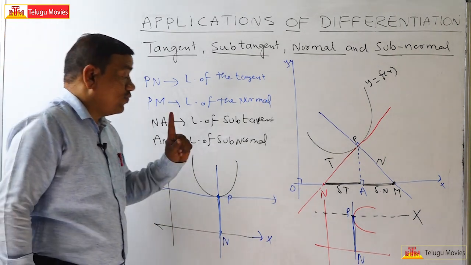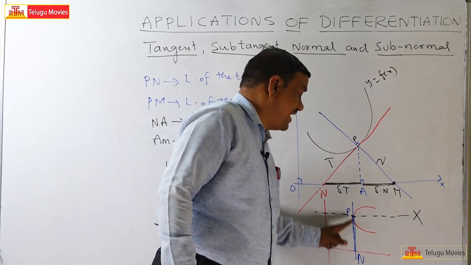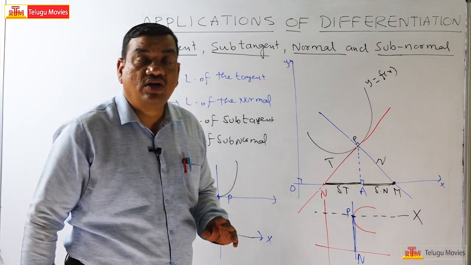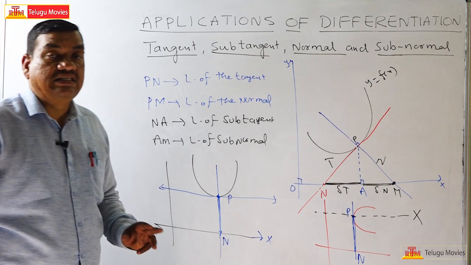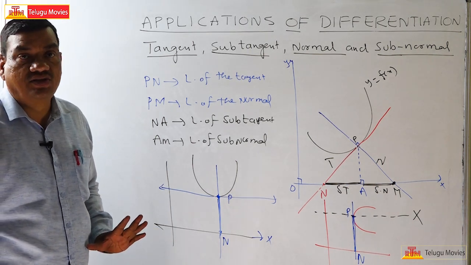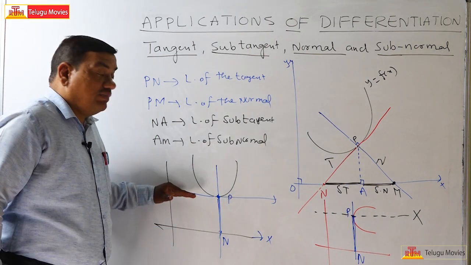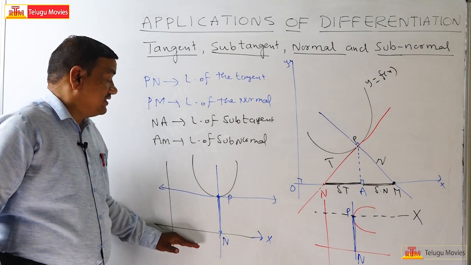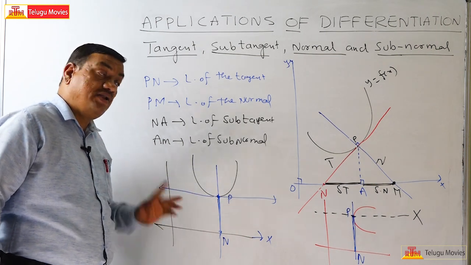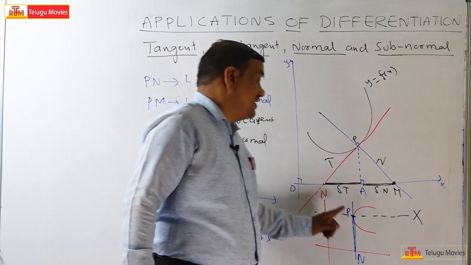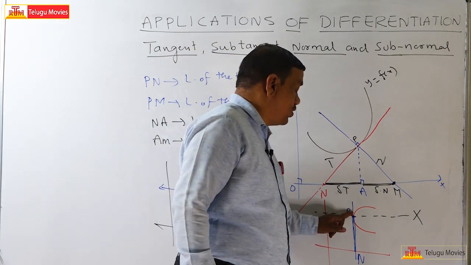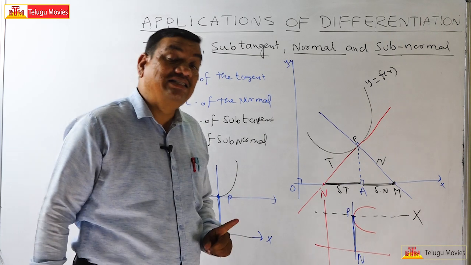So only the length of the tangent is defined; no length of the normal, no subtangent, no subnormal is defined. If the tangent is parallel to the x-axis, only the length of the normal is defined. If the tangent is parallel to the y-axis, only the length of the tangent is defined.